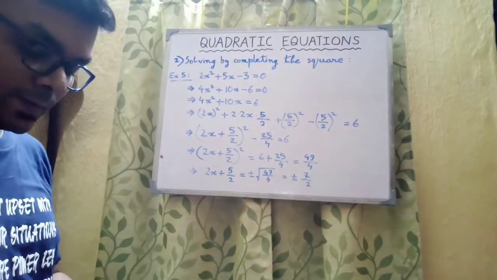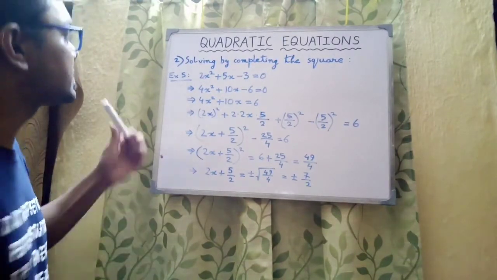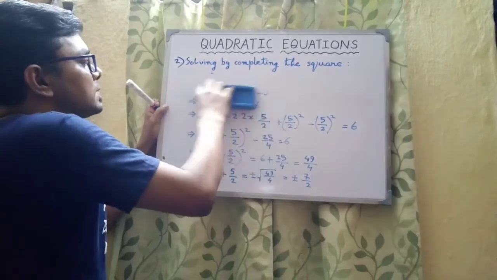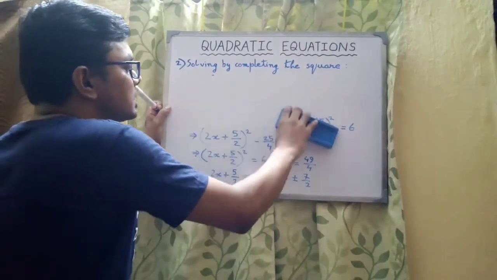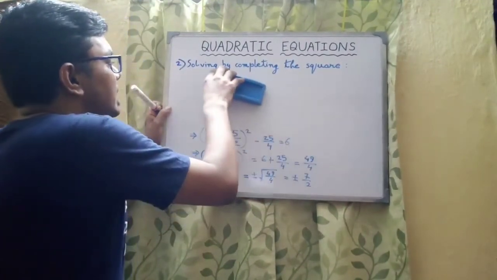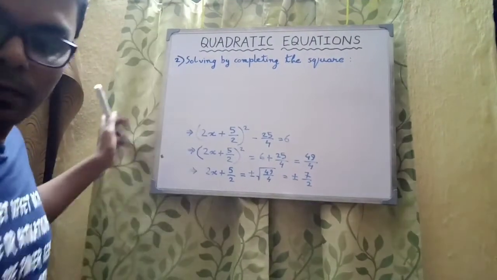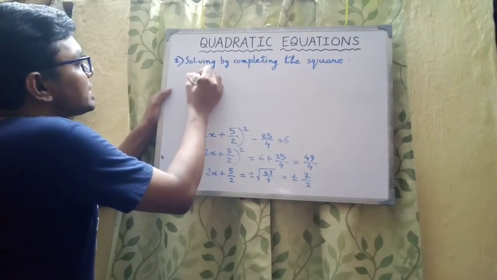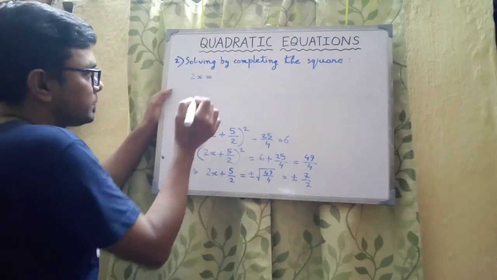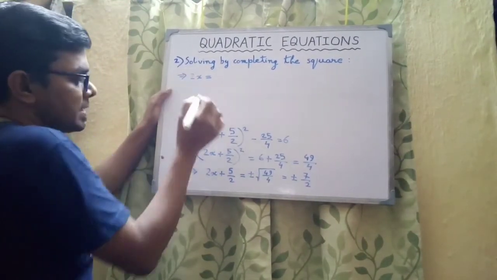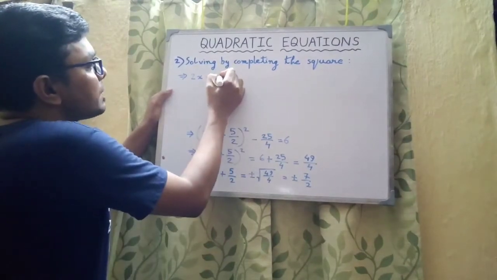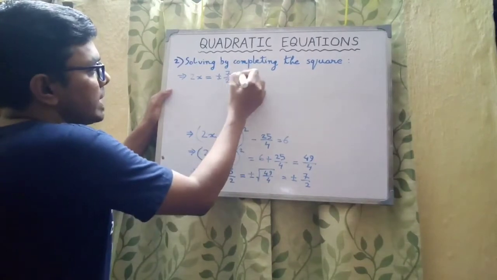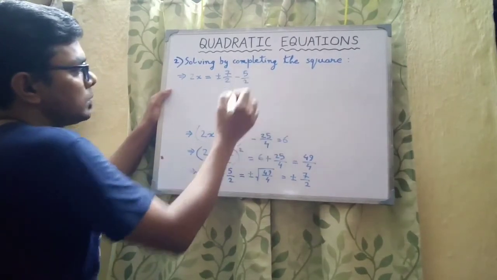Now since I don't have space over here, I'll just erase the top portion and continue the sum with 2x equals to, implies that 2x equals to plus minus 7 by 2 minus 5 by 2.